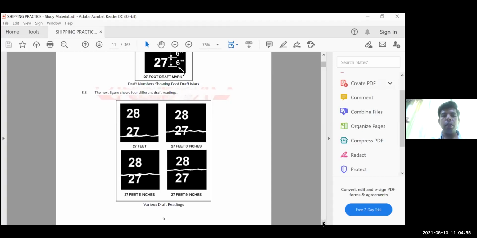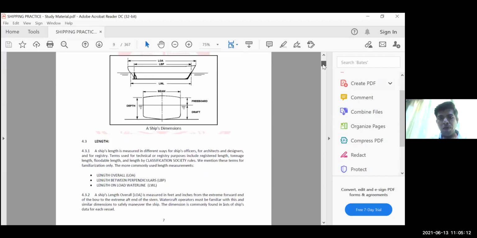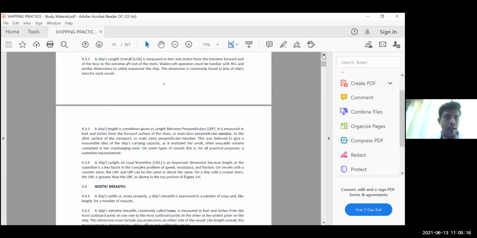So 20, 30, 40, then 1 meter, then 1.1, 1.2, 1.4, like that. How to read the draft, I am not going into that terminology that is required for the sailor. Anyone who is a sailor here can understand, but let's not go into that detail.